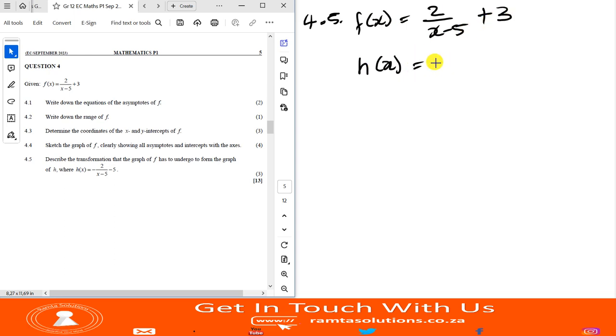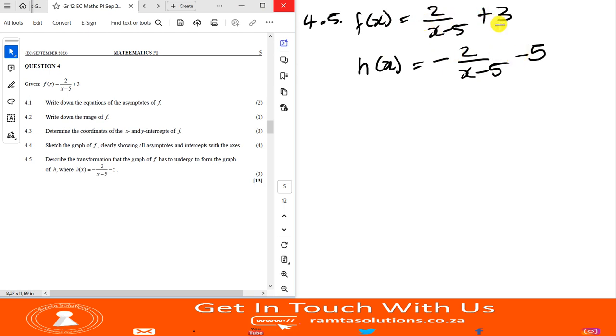H of x is negative 2 over x minus 5, minus 3. Oh, interesting. I do see that this part is the same. However, it's negative, and this part here was positive.